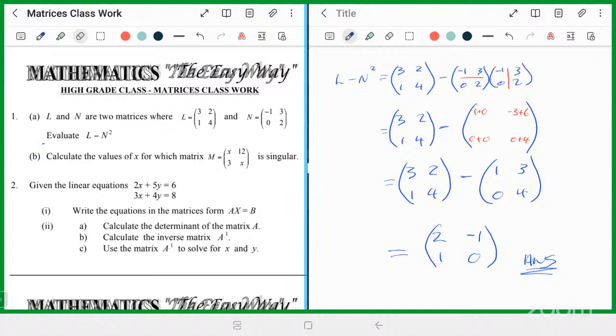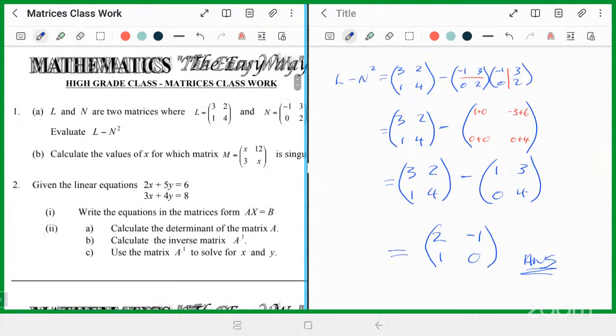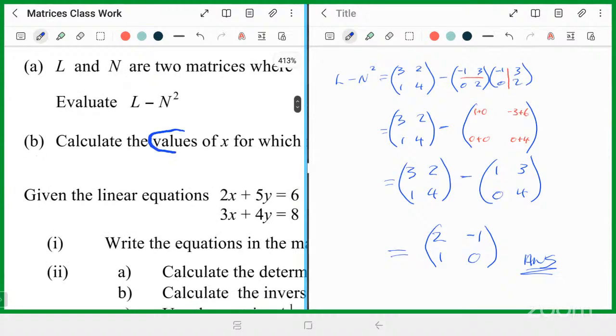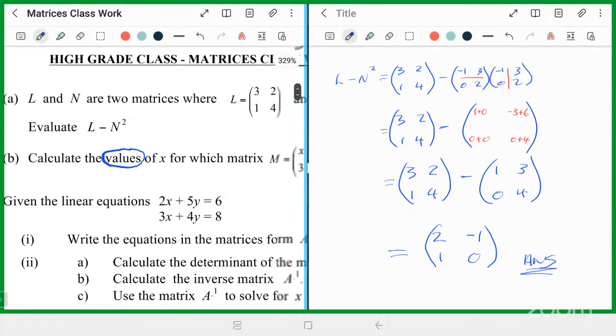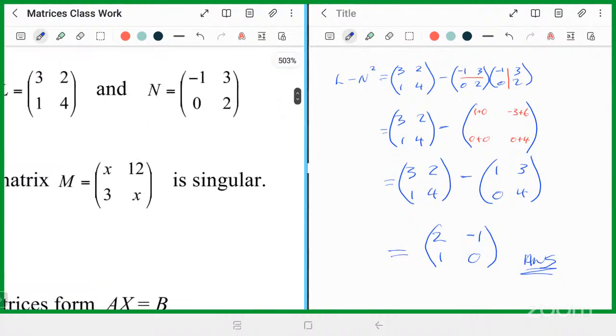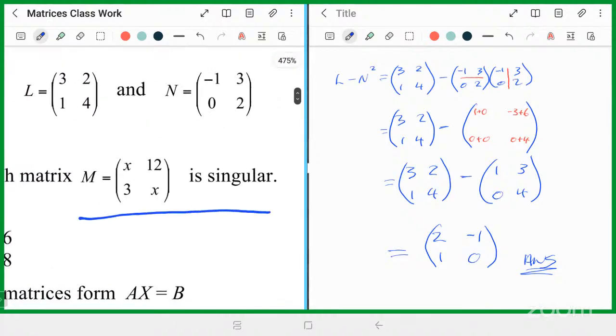All right. The next part wants us to find the values of x for which this matrix is singular. And the key word here is that they wanted values, plural. Values meaning more than one. So they're telling us that this matrix right now is singular. What does singular mean?